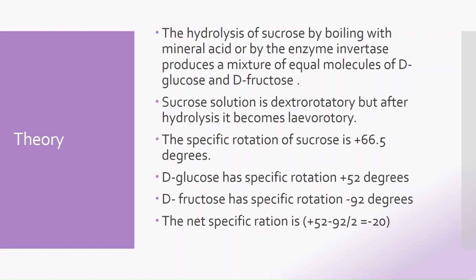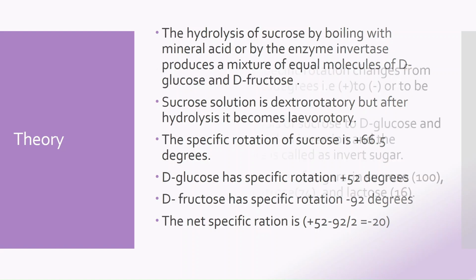D-fructose has a specific rotation of minus 92 degrees. So the net specific rotation is plus 52 minus 92, divided by 2, which gives minus 20 degrees.